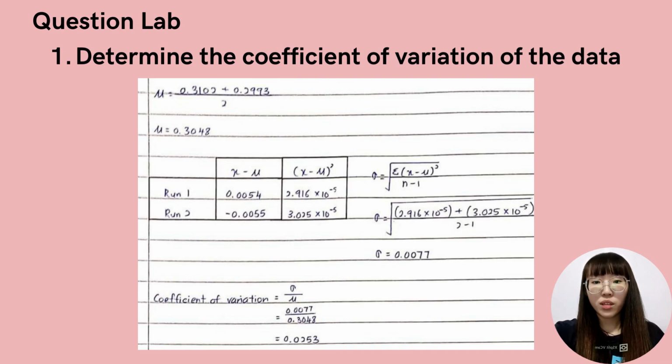So the answer we get for the coefficient of variation is 0.0253. The lower the value of the coefficient of variation, the more precise our result.